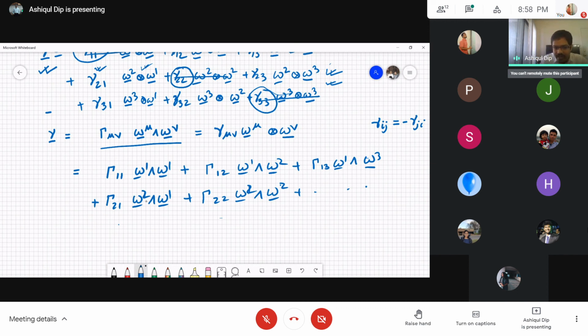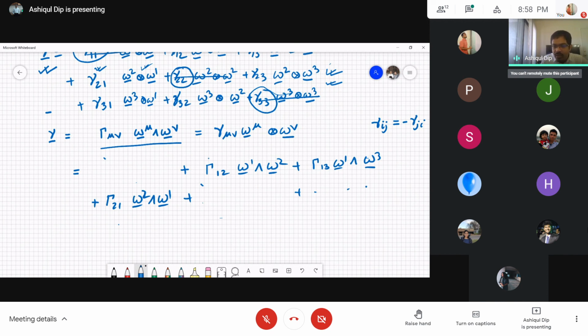So obviously these components should be 0, no doubt about it. We do not even worry about those gamma 1 1, because due to this wedge product, that term vanishes, right? So let's erase this. It's not there anymore.